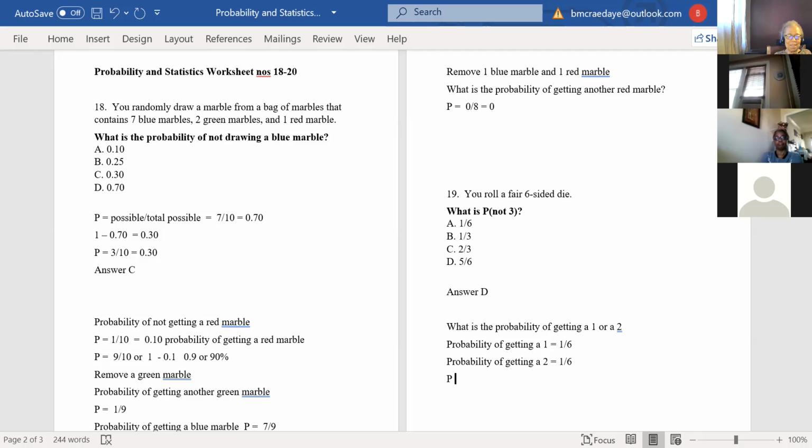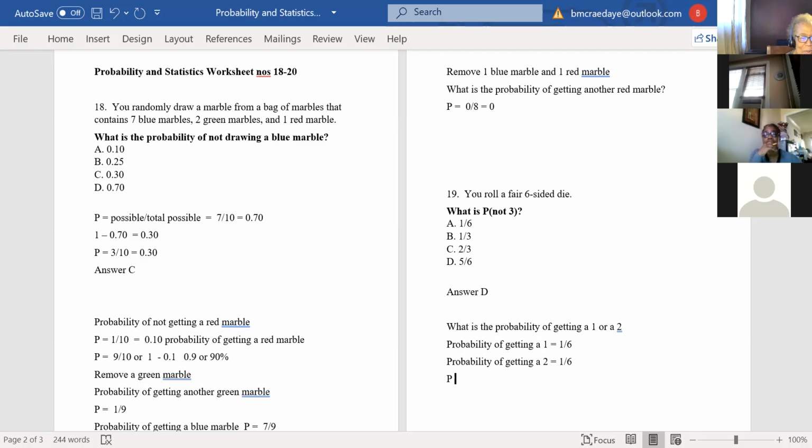You said not getting? No, getting. What's the probability of getting a 1 or a 2? 6/6? No, it can't be that.